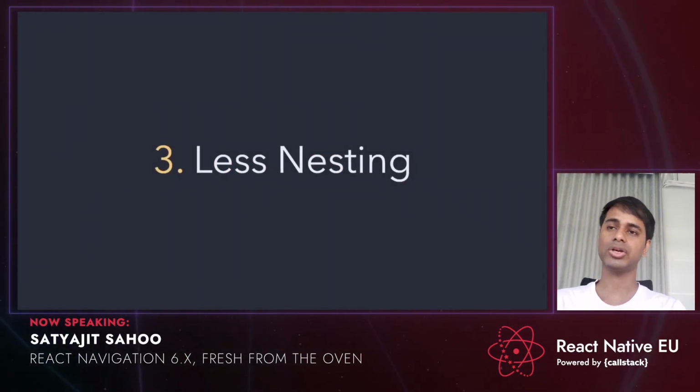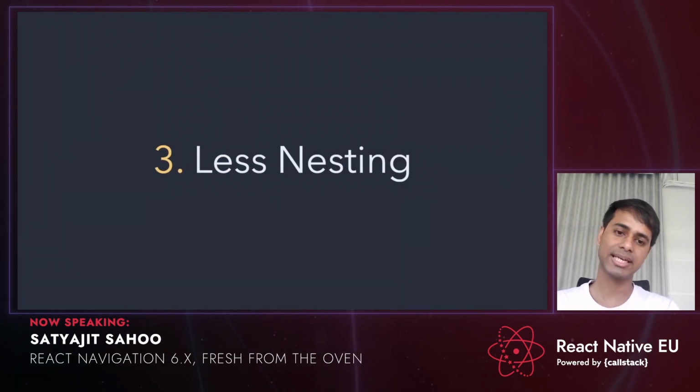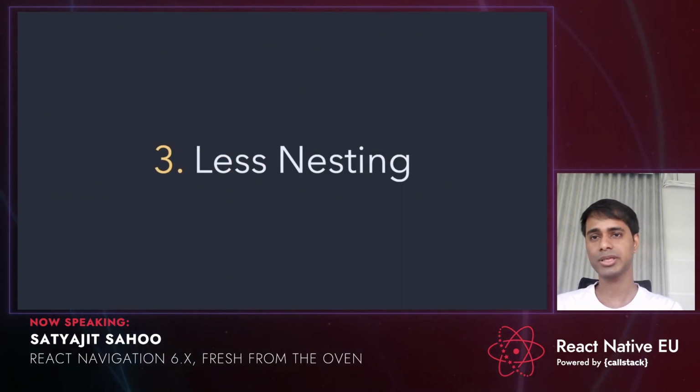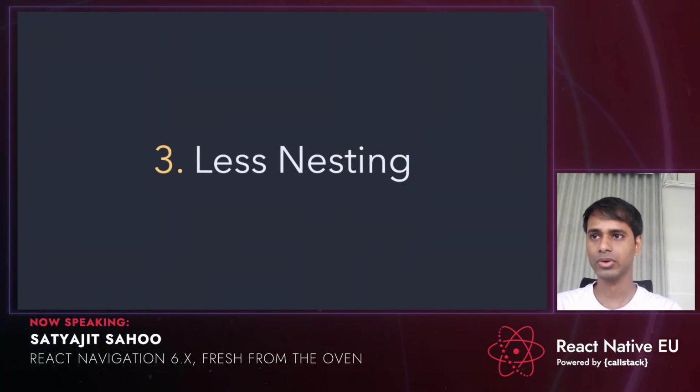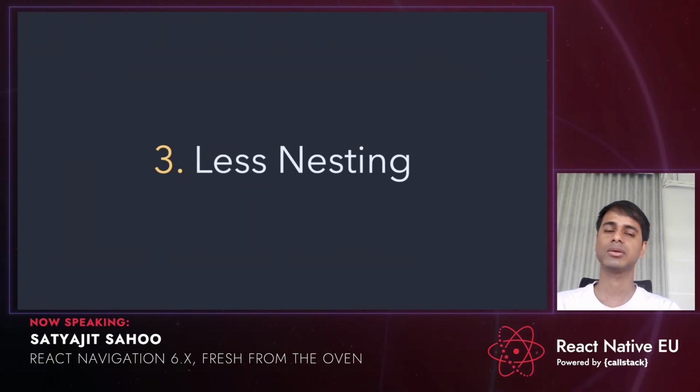Another thing we often noticed is that people nest their navigators a lot, sometimes due to necessity and sometimes because of organization. We always recommend keeping nesting to the minimum when possible, for a couple of reasons. When you nest more, it becomes harder to do some things.